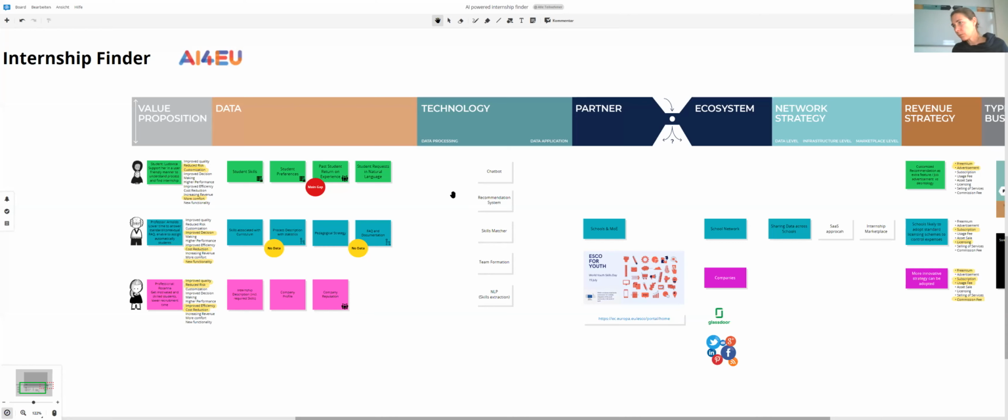Yes, I'm back. On the data side, we have the chance that the use case is run out of Trento, and they are managing a standard website, an internship portal, where companies can offer internships and where you can browse internships and so forth.